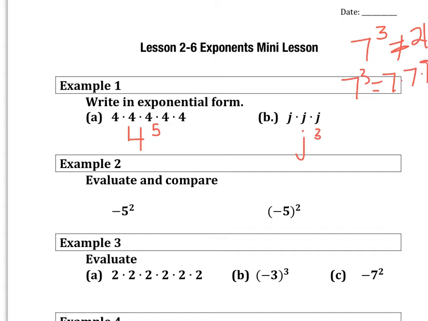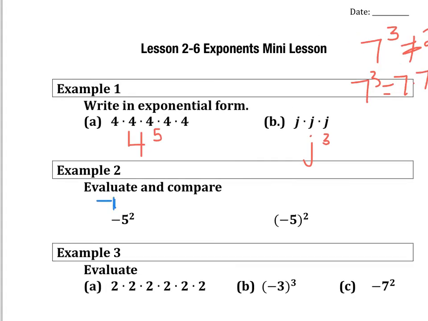In the first one, you're almost thinking of this as if it's negative 1 times 5 squared. And so the exponent is only applying to the 5, and if you think of PEMDAS, you're going to evaluate the exponent first and then multiply it by negative 1.